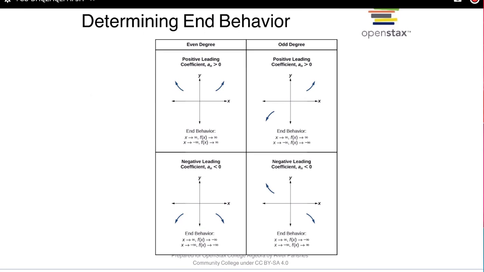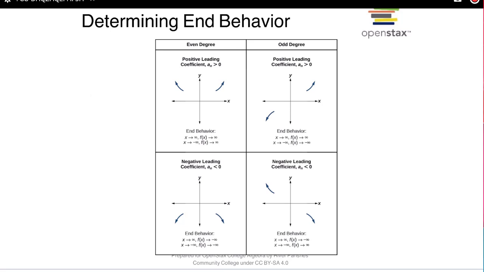And this slide here is just a review of end behaviors that we learned in 5.2. So just remember, if the leading coefficient A is positive, then the right behavior points up. If A is negative, the right behavior points down.